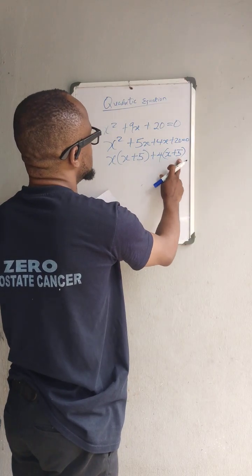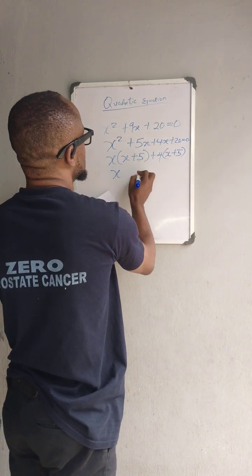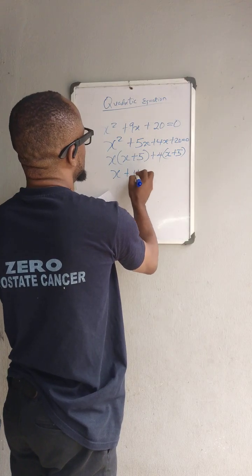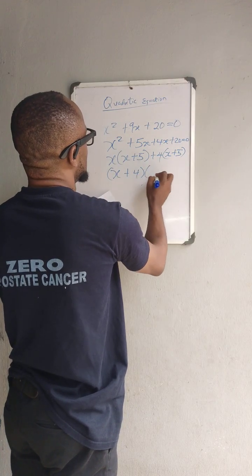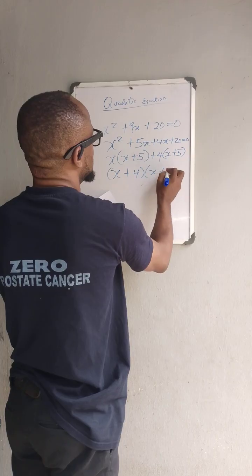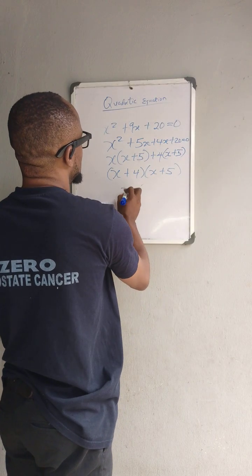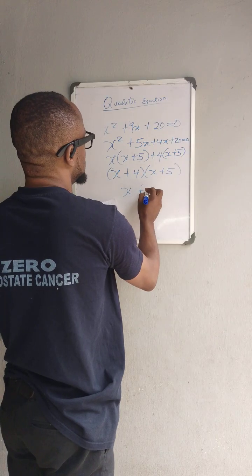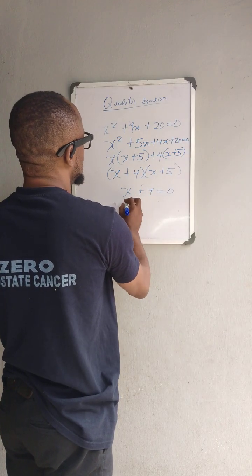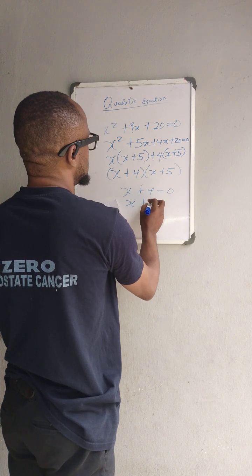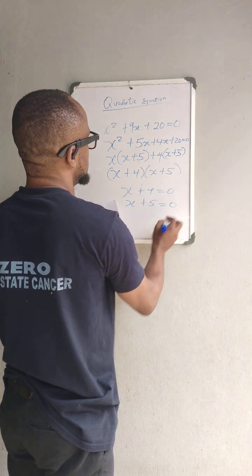So this and this, they are the common factor. So x plus 4, then x plus 5. These are the common factor. So x plus 4 equal to 0, x plus 5 equal to 0.